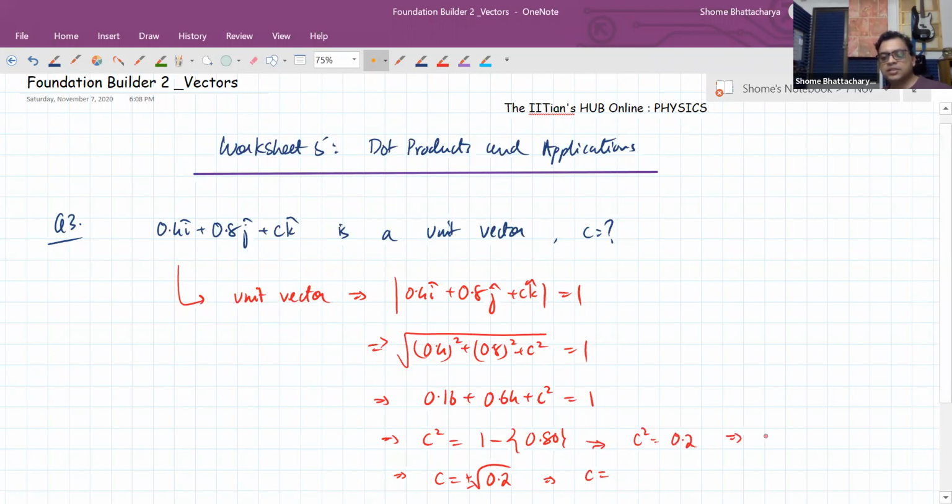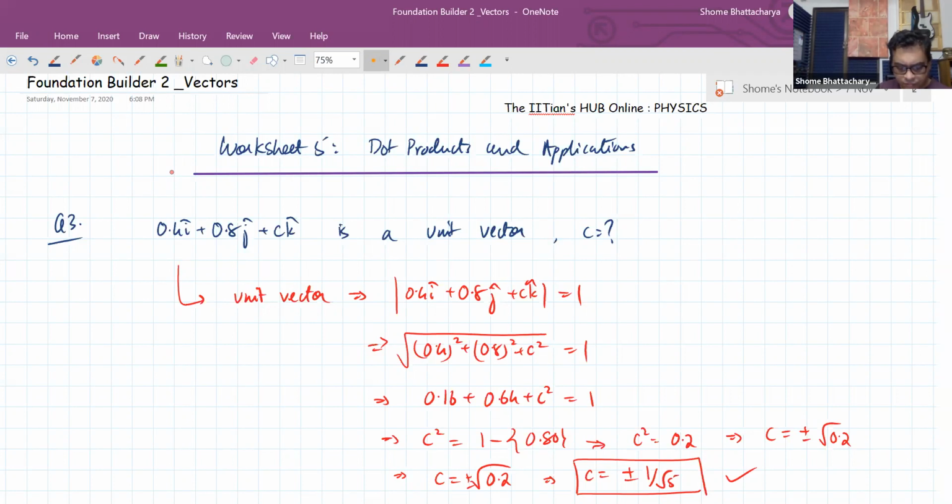So c can be plus or minus of square root of 0.2. So c can be either plus or minus of 1 by root 5. Out of the two, one of the options is given to us in the question, so that one would be the selected one.